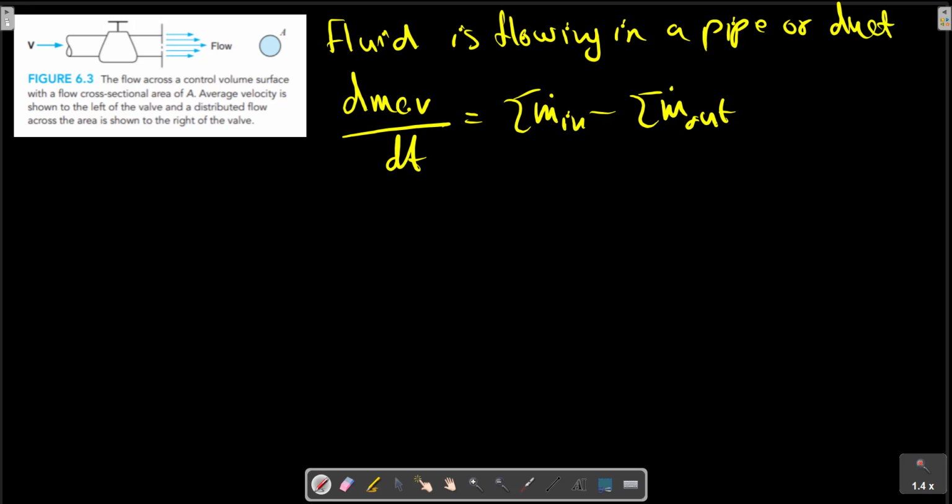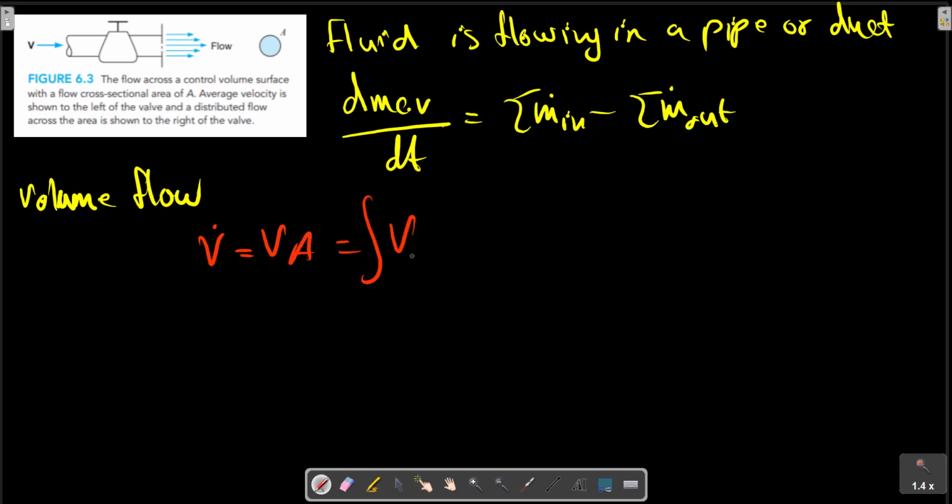The volume flow rate is equal to the integral of V dA, where V is positive.